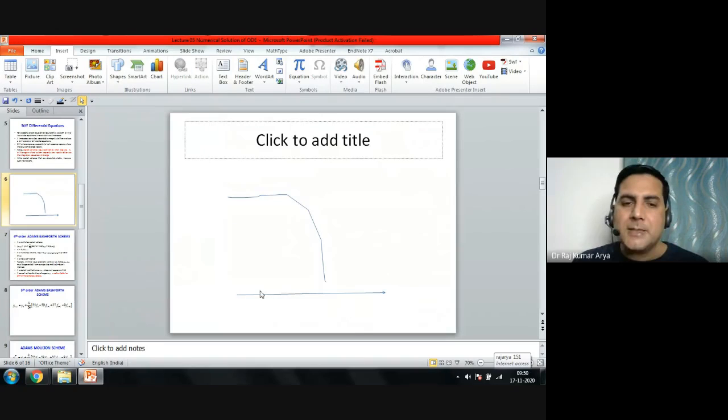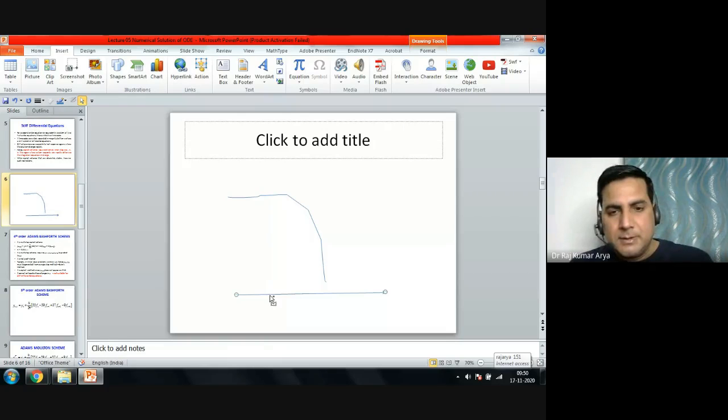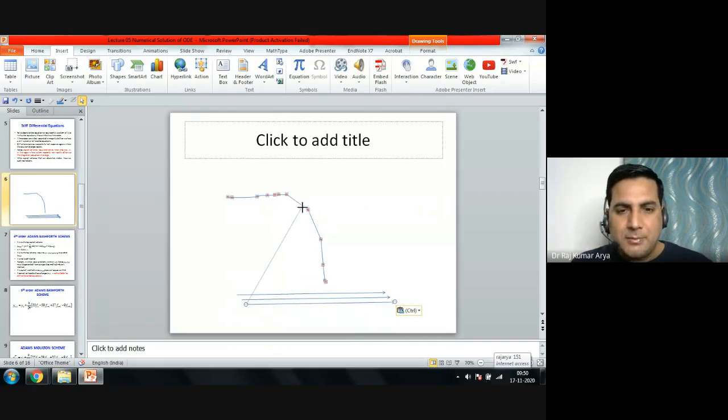So this is your x variable, and let's say this is your function. If you change very fast from this point to this point, you will miss all these particular points. If you look at the variation here, let's say this is another point here, and this is another point here.